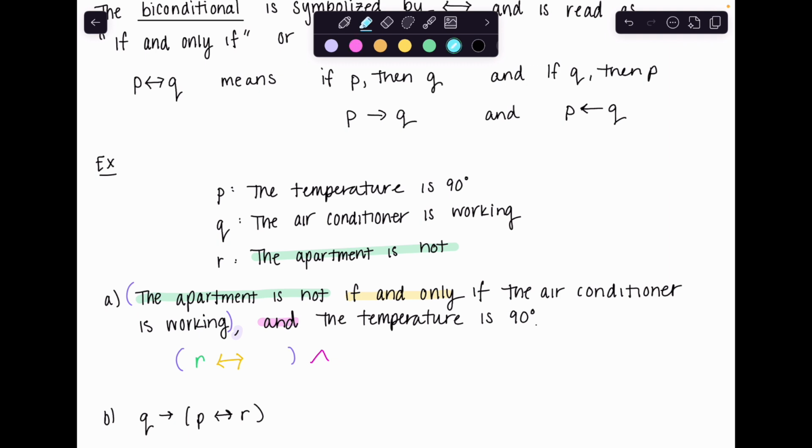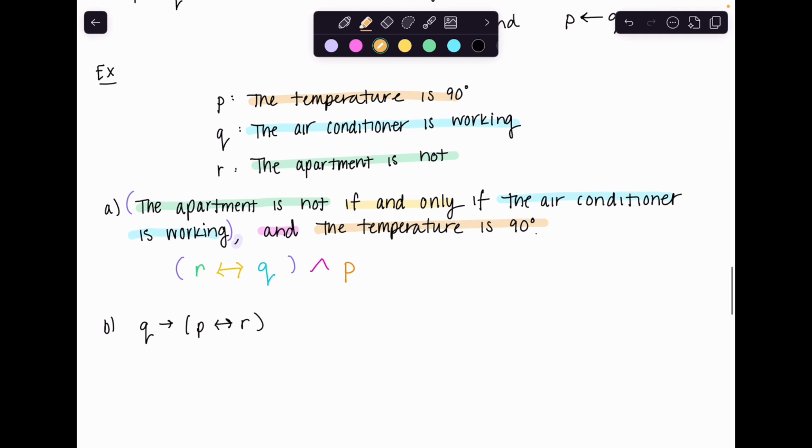Then we've got the air conditioner is working. That's exactly statement Q. And then the last piece, we've got the temperature is 90 degrees. That is exactly statement P up here. Okay. So this would be this in symbolic form.